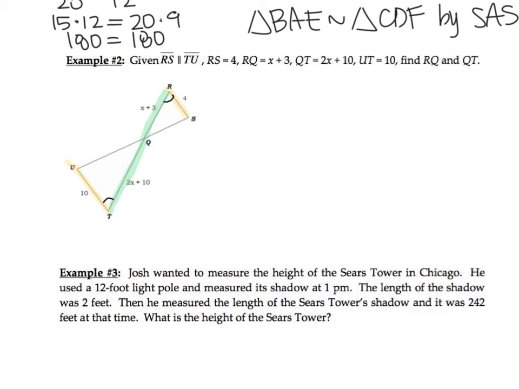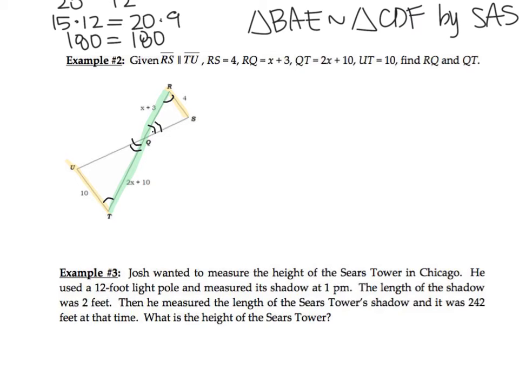And we also look, angle RQS is going to be vertical to angle TQU, which means we have a pair of vertical angles, and vertical angles are always congruent. So we have two pairs of corresponding angles congruent, which means our triangles are similar by angle-angle similarity.